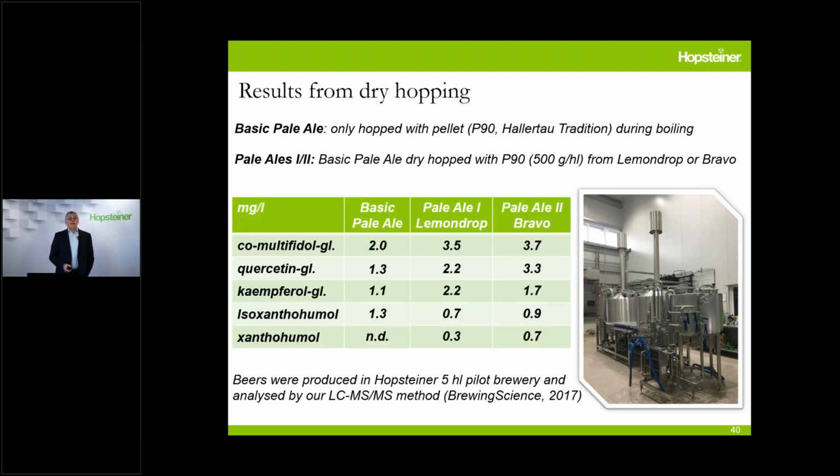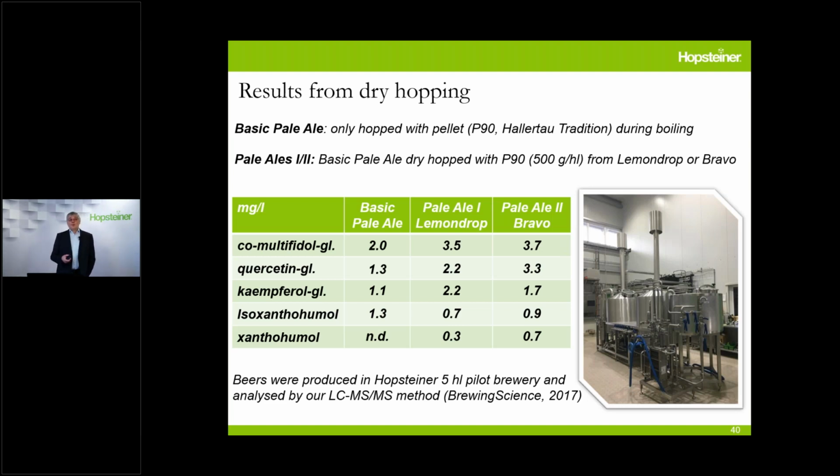And here you see the results of the beer. You have already all these components: multifidol glucoside, quercetin glucoside, kaempferol glucoside, and isoxanthohumol resulting from xanthohumol in the basic beer. But the multifidol, the quercetin, and the kaempferol glucosides get higher after dry hopping.